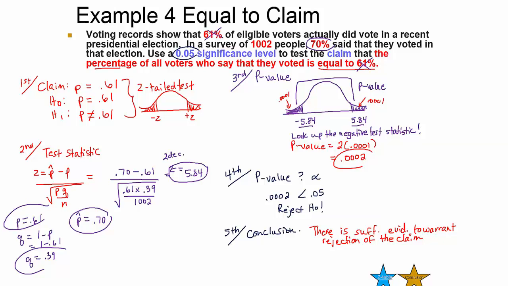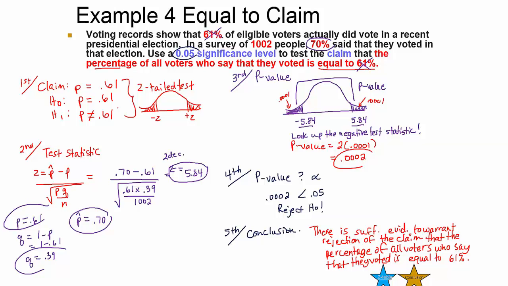So we want to reject the claim, so I look up here for the wording, that the percentage of all voters who say that they voted is equal to 61%. So that's telling me then that it's not true that the percentage of voters who say they voted is truly 61%. So maybe people are inflating that value and they're not being as truthful as they could be.